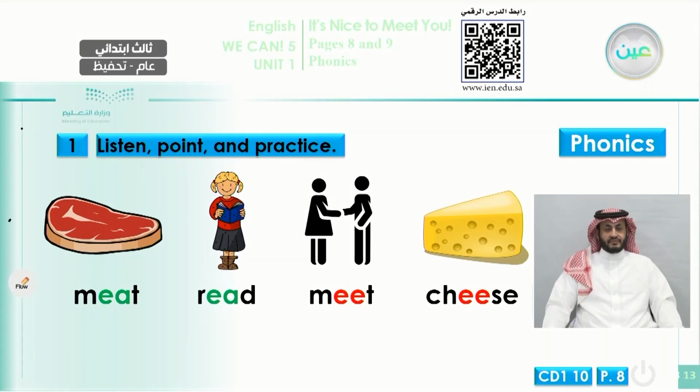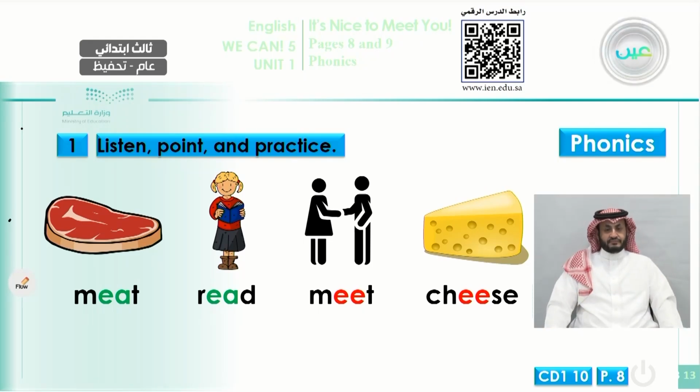Let's listen. Number 1. Listen, point, and practice. Listen to words with EA and EE. They make the same sound. EA says E, and EE says E.